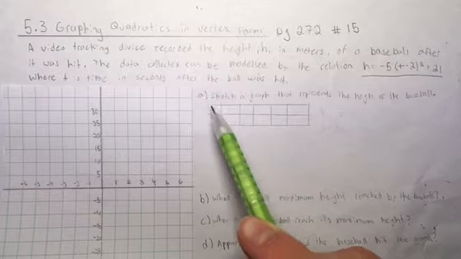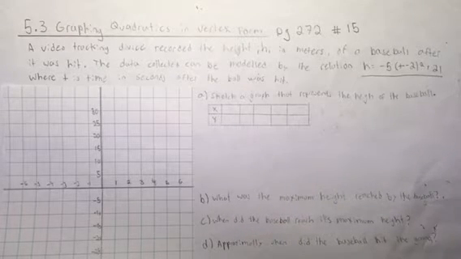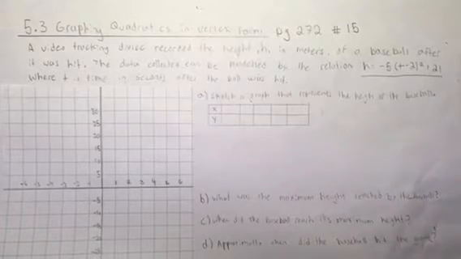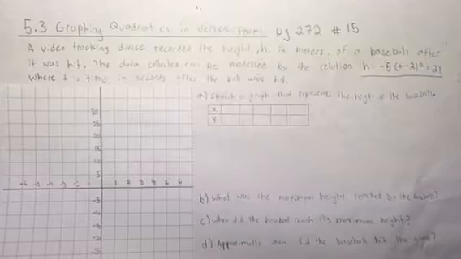Part A asks us to sketch a graph that represents the height of the baseball. What I like to do first in questions like this is find the vertex. That will be the first point that I like to plot.